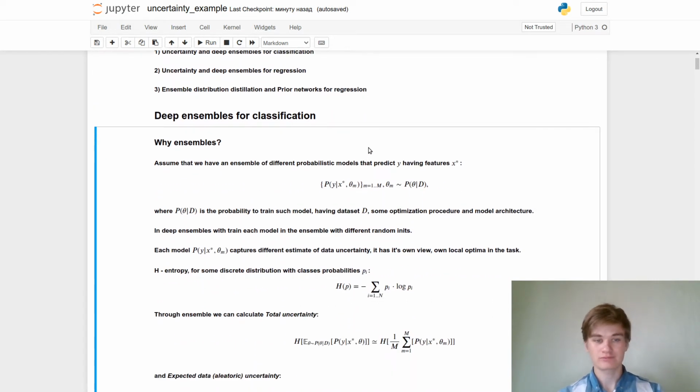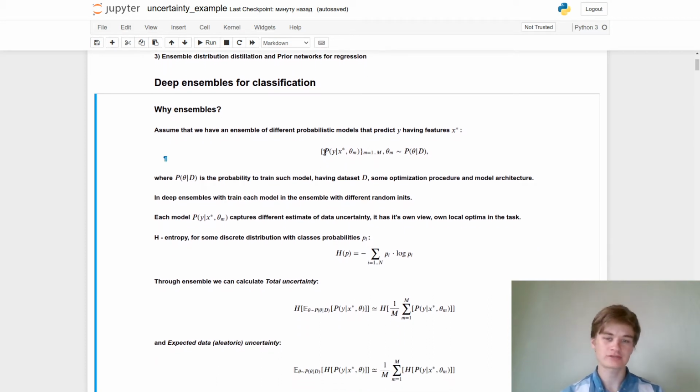Let's start. Let's recap why we use ensembles in uncertainty estimation. Assume that we have a range of models, an ensemble, where each model is probabilistic and it predicts targets based on features and some weights.